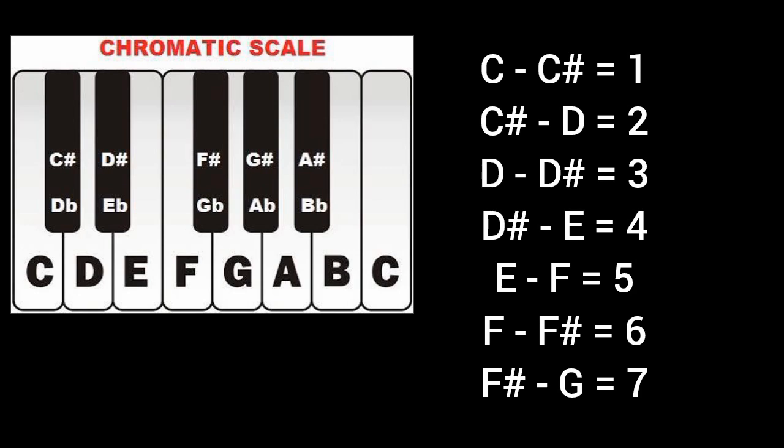From D to D sharp is another semitone, making 3. From D sharp to E is another semitone, making 4. From E to F is a semitone, making 5. From F to F sharp is semitone number 6, and then from F sharp to G is semitone 7.